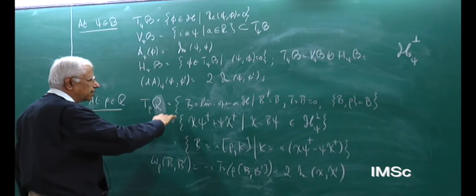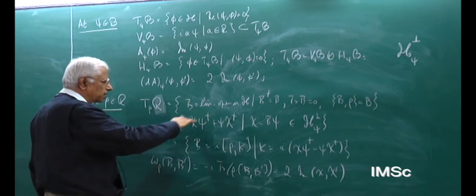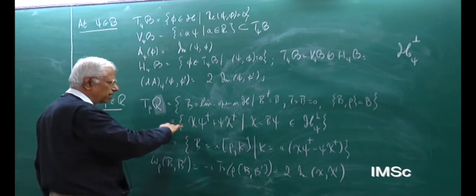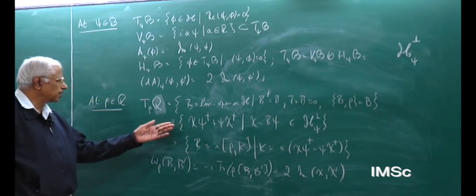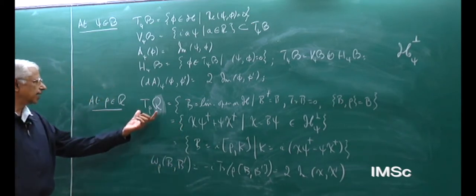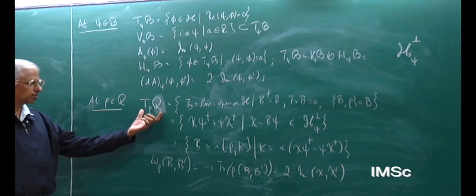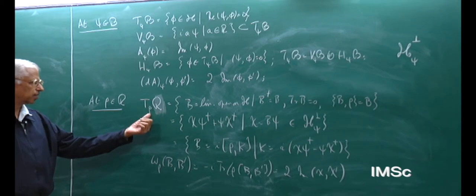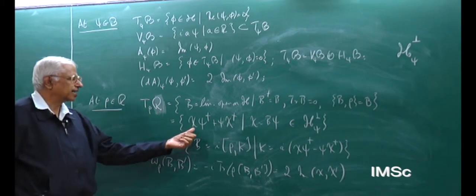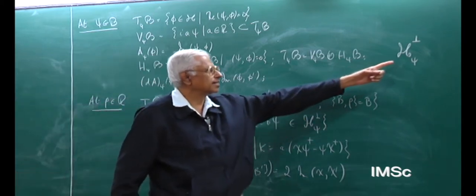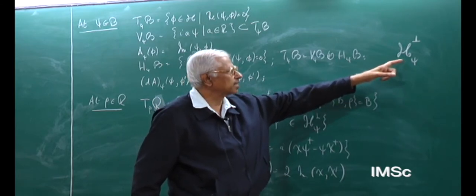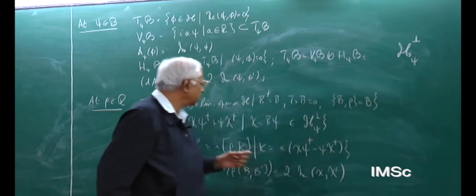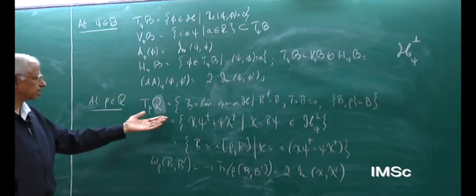In turn, each such B can be described in the way I have written here. So you can see that there is a one-to-one correspondence between the tangent space to the ray space at a given point and vectors in the subspace of Hilbert space orthogonal to psi. I am using the symbol chi for vectors here, so you can see how this works out.